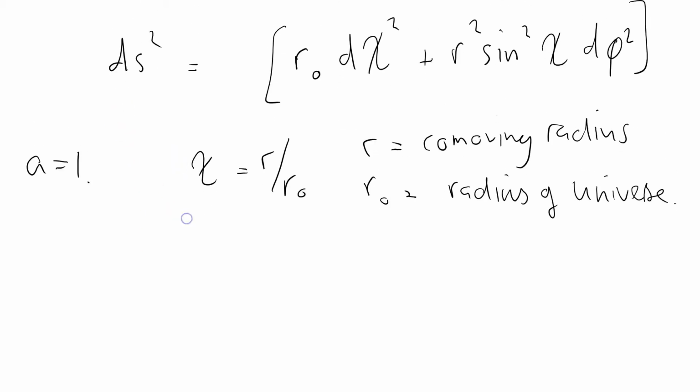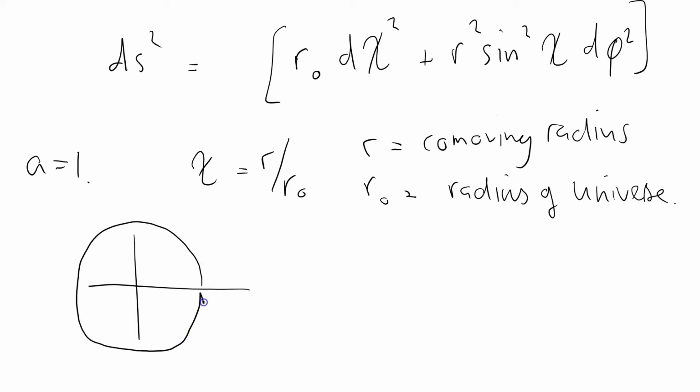Okay, so let me just think about this. What am I trying to do here? Yes, we've got r0. What I'm going to consider is the path distance going around a circle from phi equals 0 all the way around to phi equals 2 pi.